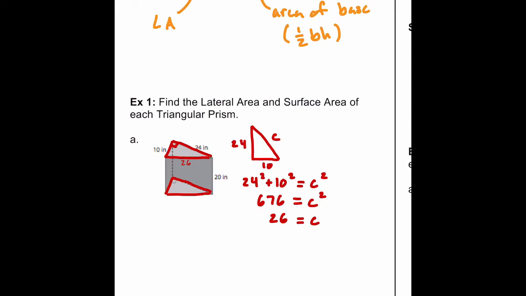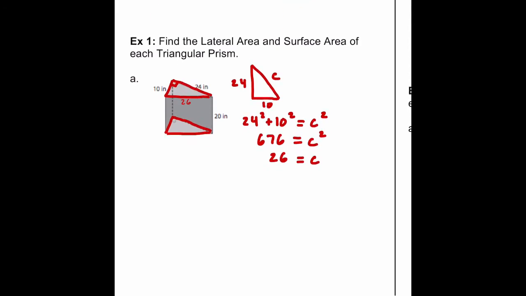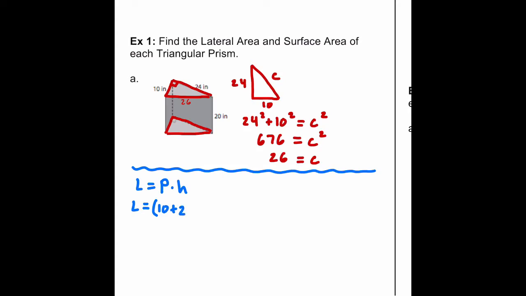All right. And so now it's going to allow me to solve for the lateral area here. So we have L equals P times H, where P is the perimeter of the base. Remember, the base is in the shape of a triangle, so I'm going to take the perimeter of that triangle, which would be 10 plus 24 plus 26, and multiply that by the height, which is 20.